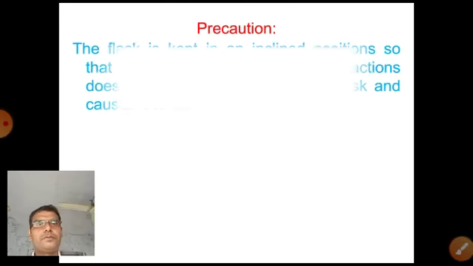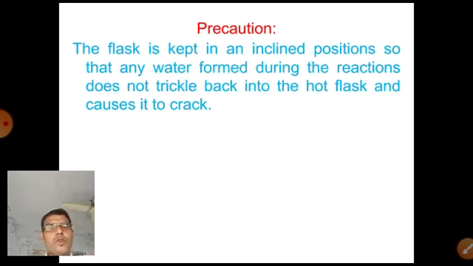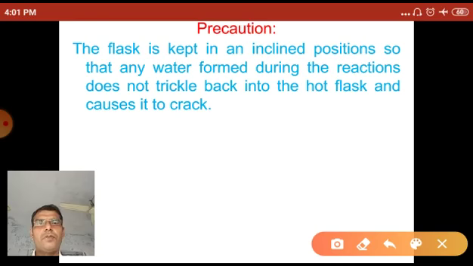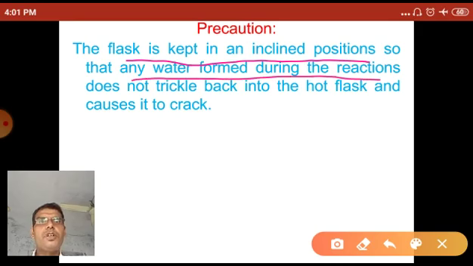Now the precaution for the laboratory preparation of ammonia from ammonium chloride. The flask is kept in an inclined position so that any water formed during the reaction does not trickle back into the hot flask and cause it to crack.